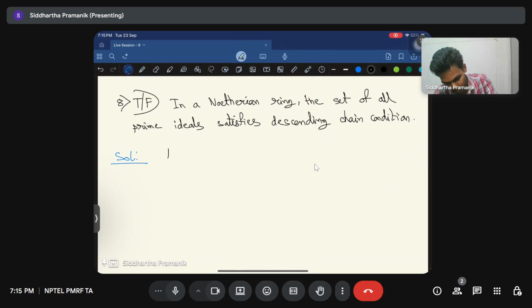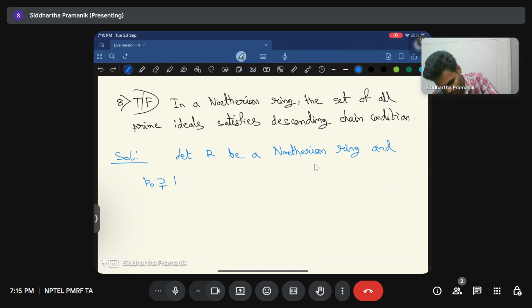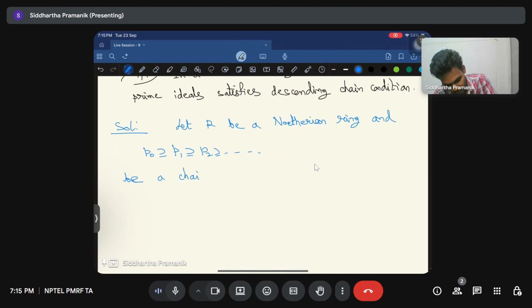So let R be a Noetherian ring and let P0 contain P1, contain P2 and so on, be a descending chain of prime ideals.